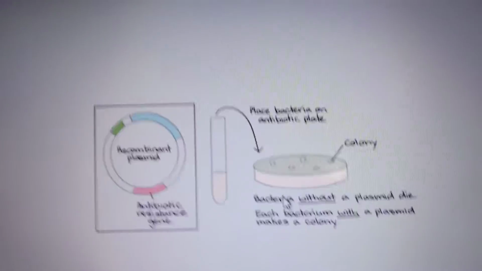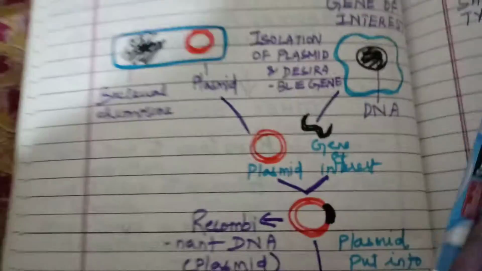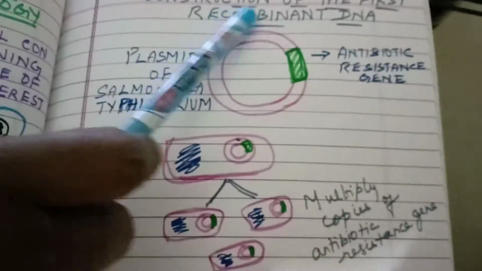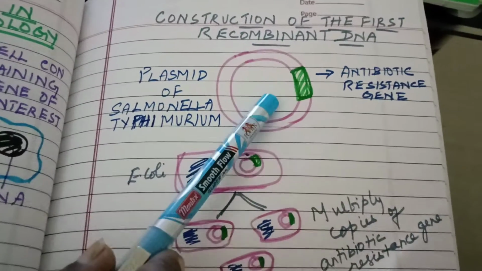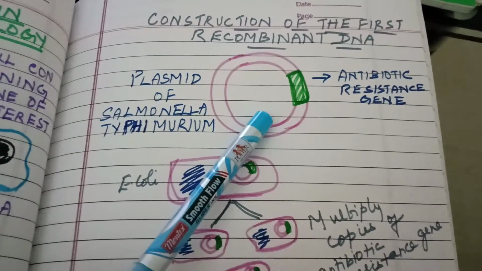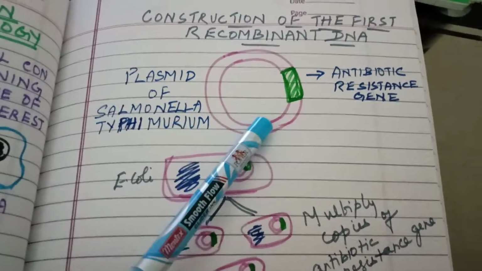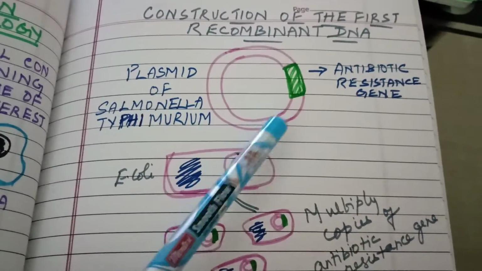We already saw the steps and you know how they linked this. The plasmid of Salmonella typhimurium was carrying this antibiotic resistance gene, and these two scientists cut a piece of DNA from the plasmid.